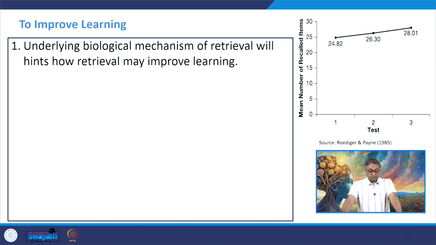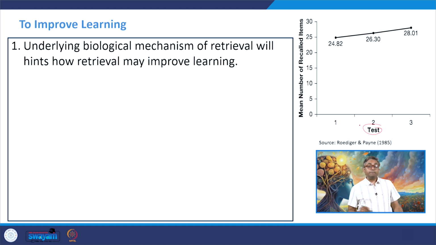Okay, moving further in this direction, today we are going to understand the effect of retrieval in improving the learning process. What you see on your screen, on your right hand side, is a chart indicating the mean number of recalled items, the number of items one can recall, and the test.